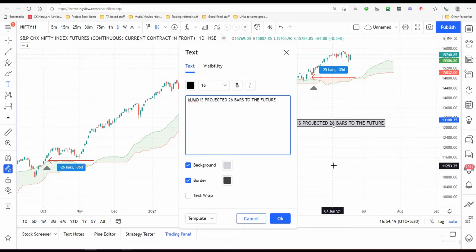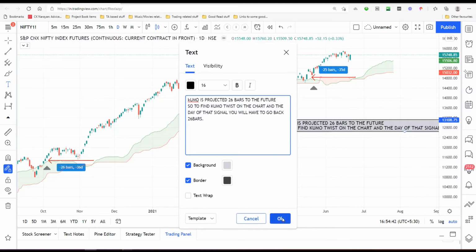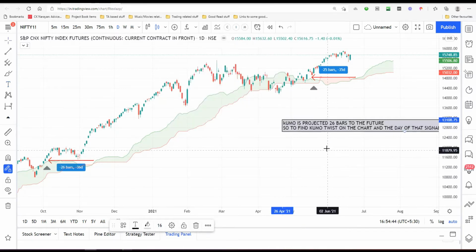So to find the Kumo twist on the chart and the day of that signal, you will have to go back 26 bars. This is what we have done. So this is what we did here. And therefore, I trust you have got this.